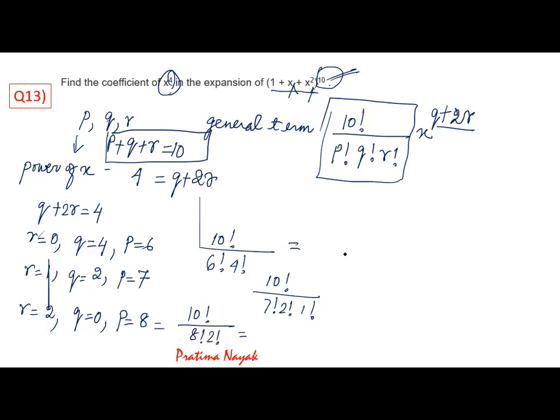Now if we calculate, this will be 10 factorial by 6 factorial into 4 factorial, I'm cutting here only, 7, 8, 9, 10. 4 factorial is equal to 4 into 3 into 2 into 1. So it will be how much? It will be 210.